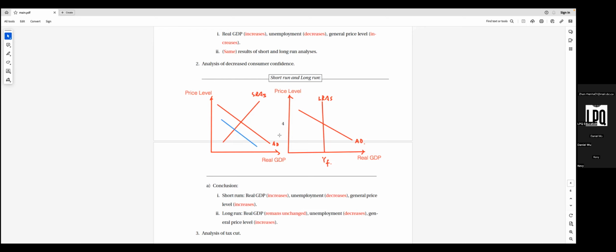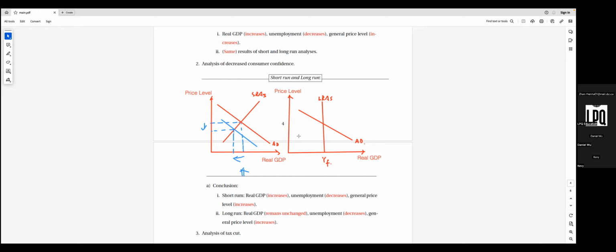So we shift AD to the left. And so short-term GDP is decreasing, the unemployment rate is increasing, and the price level is decreasing.